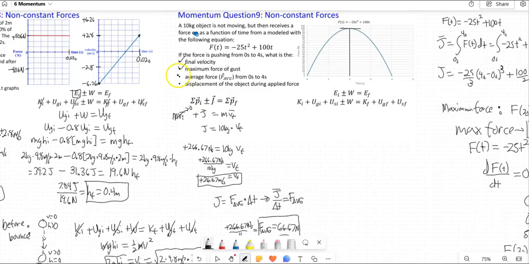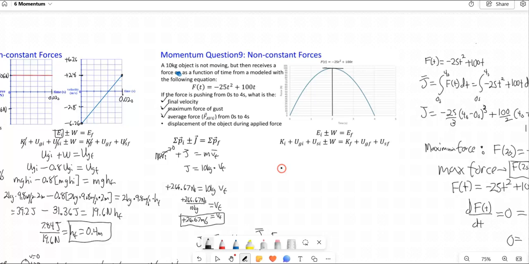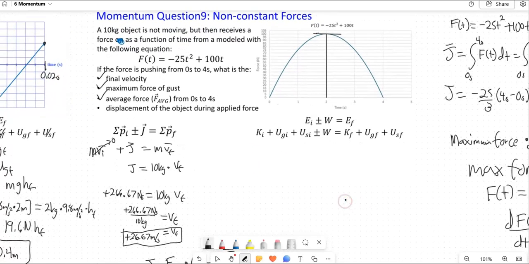Now to get our displacement, you could graph the initial velocity versus final velocity, which is going to be a triangle, and then integrate that velocity versus time function and get displacement there. I think it's quicker and easier to just do it the practical way, using energy. Our initial kinetic energy is zero, it's not moving initially. It's not changing height, so there are no potential energies. In the end, it is moving and there are no potential energies.